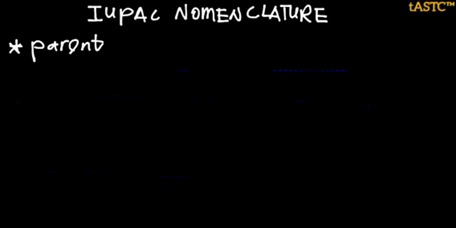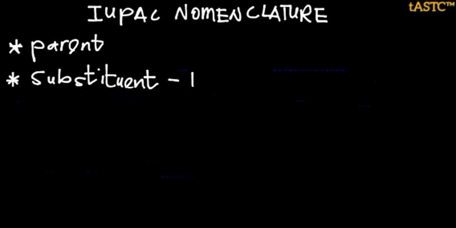Now, secondly, you've got to find out how many substituents are present on the ring of the organic compound. If there are substituents, then you need to name them first. Substituents must be named first in an organic compound. Examples of substituents are alkyl groups, that is R groups.